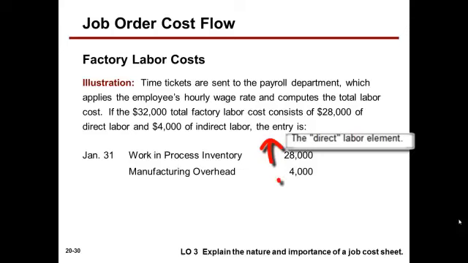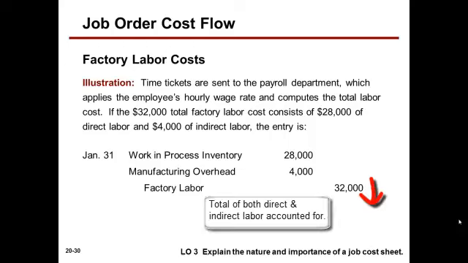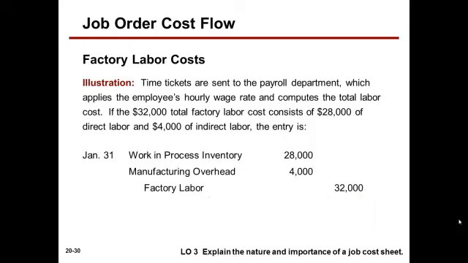Debit manufacturing overhead, $4,000, increasing that accumulated account. Credit factory labor, $32,000. In this entry here, we're moving money that was previously spent and charged to factory labor. Now we're moving those dollars into inventory and overhead respectively for direct and indirect costs. So we're clearing out the factory labor account and transferring those debits to work in process inventory and manufacturing overhead.